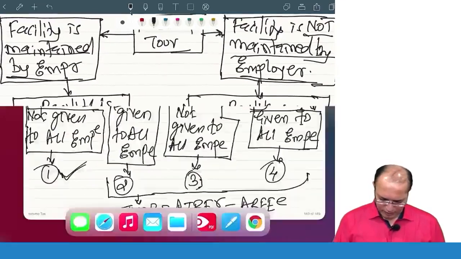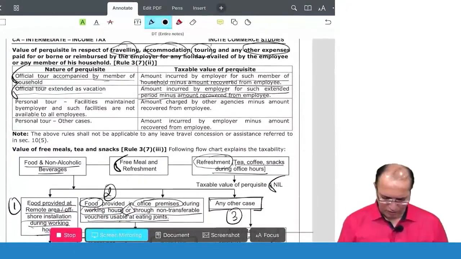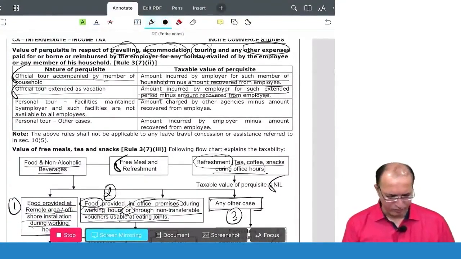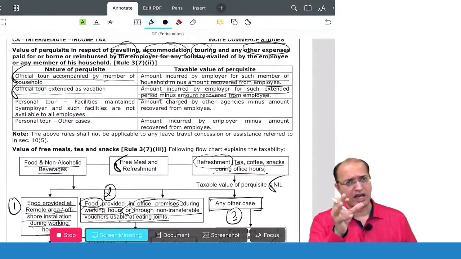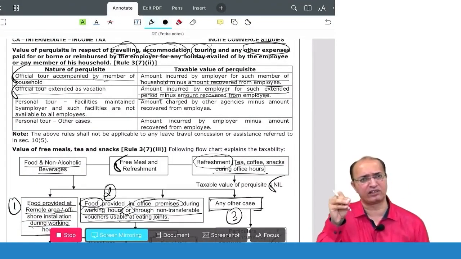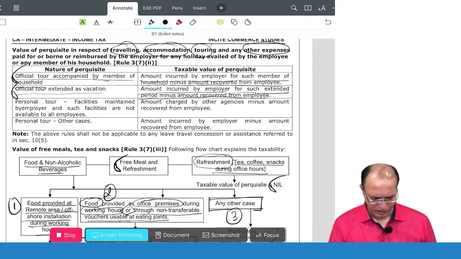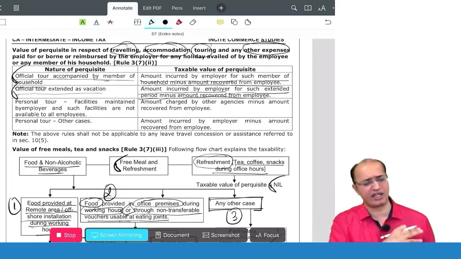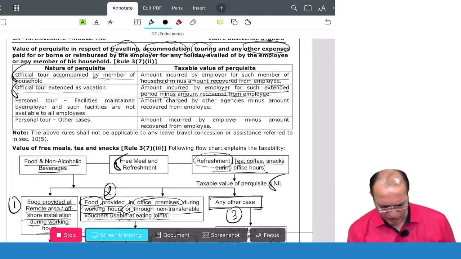So, point number one, what does it say? See, what I have done now, these four possibilities, I have merged into two only. Because in the second, third and fourth, the perquisite valuation rule is same, so I have combined all of them. Only the first possibility I have segregated. What is the first possibility?